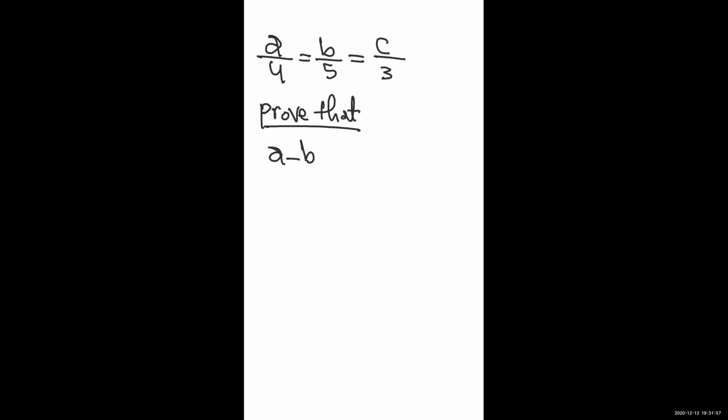So let's clear the board and then solve one question. If there is a question like this one: if A over 4 equals B over 5 equals C over 3, prove that A minus B plus C over A plus B minus C will equal 1 over 3.